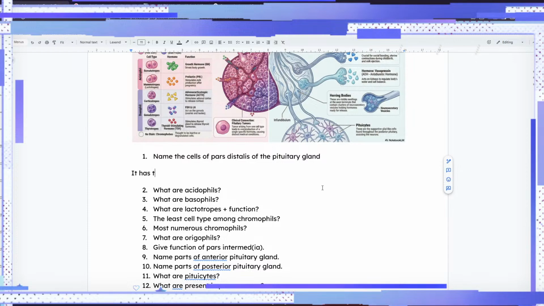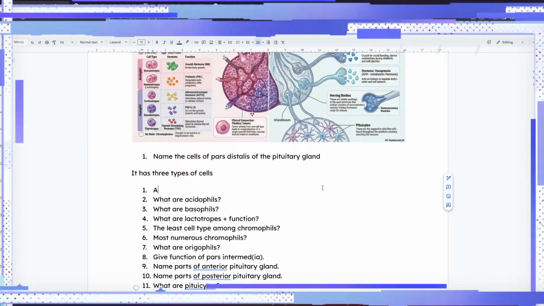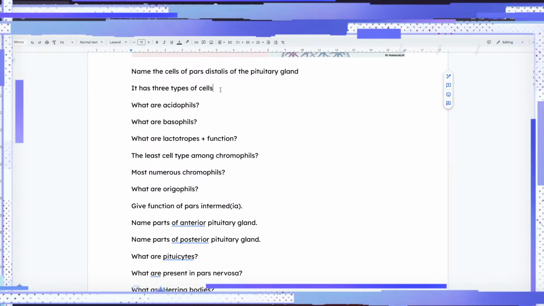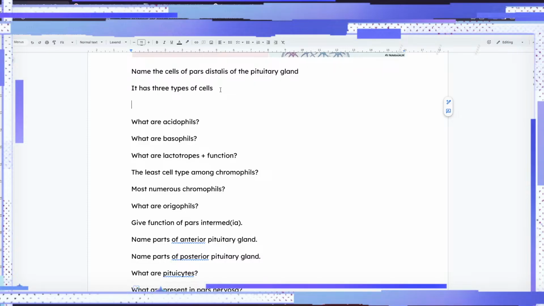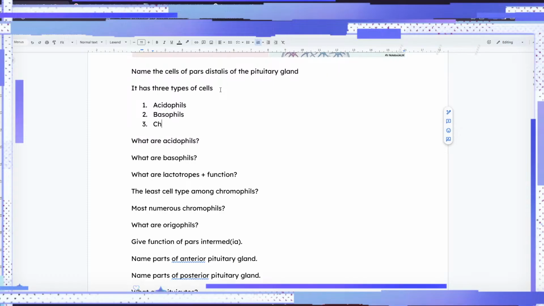It has three types of cells: your acidophils, your basophils, and your chromophobes. Chromophobes are degranulated chromophils or stem cells. I messed up this question today, just remember that.